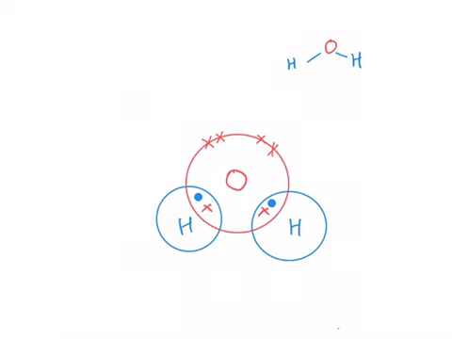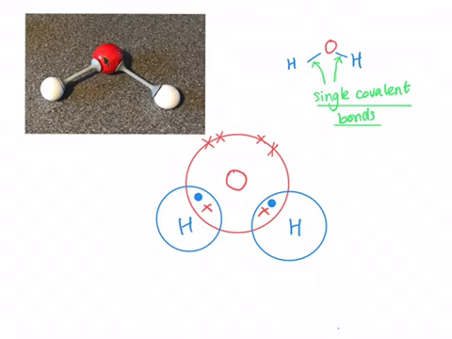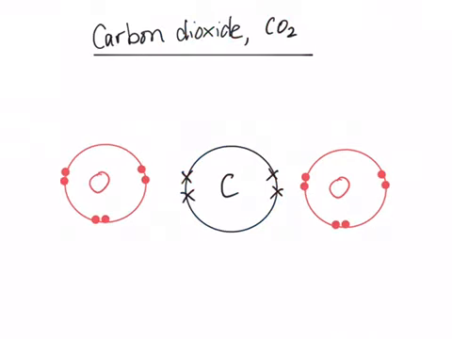Oxygen now has a full outer shell because it has 8 electrons, and each hydrogen has a full outer shell because it has a share of 2 electrons. This looks like the molecule where the red ball is the oxygen and the white is the hydrogen. And again, these bits here are single covalent bonds because it's a sharing of a pair of electrons. One electron comes from the oxygen, one comes from the hydrogen.